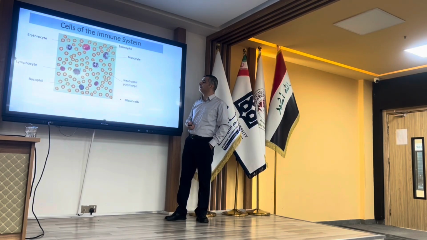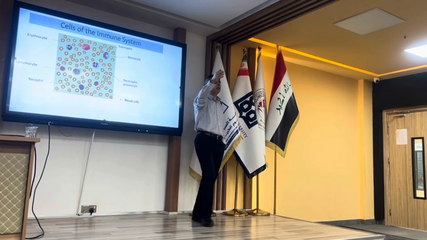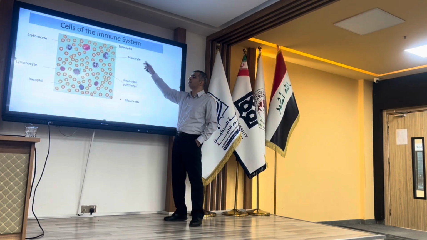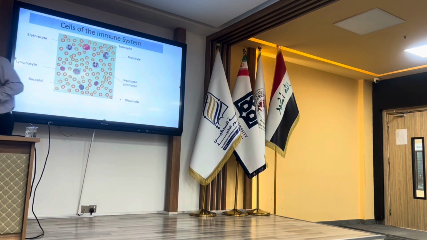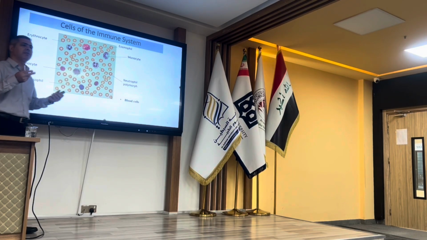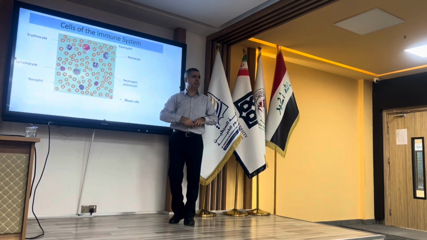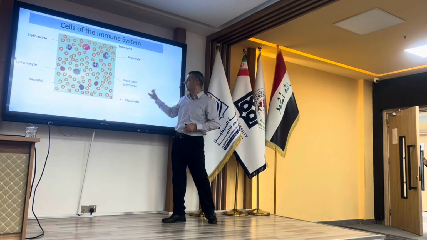And you know that monocytes, after going to the tissues, differentiate to macrophages. You know this, that monocyte is indeed the ancestor of macrophage. We do not have macrophages in the blood. In the blood we have just monocytes. But when monocytes migrate to the tissue, inside the tissue, they differentiate to macrophages.